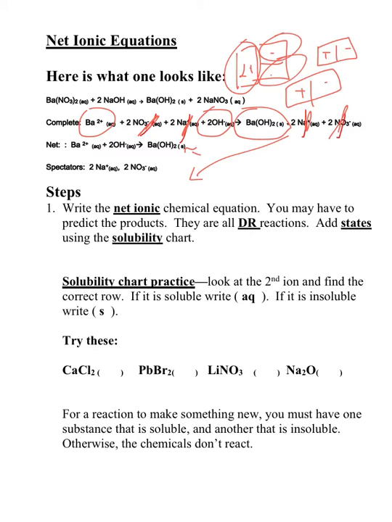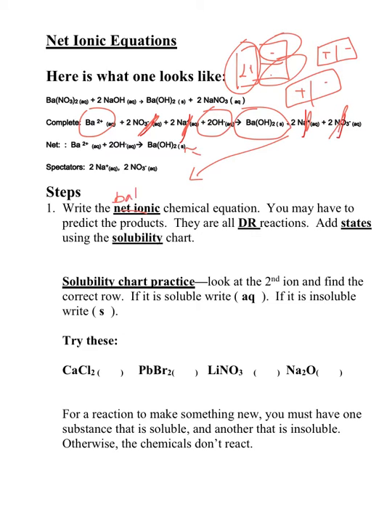All right, so here are the steps we went through. We're going to write the net ionic chemical equation. On this, you may have to predict the products. Whoops, I just realized that this should say balance.